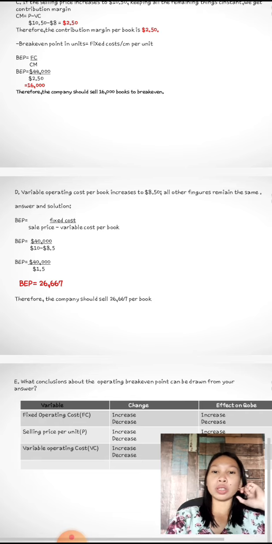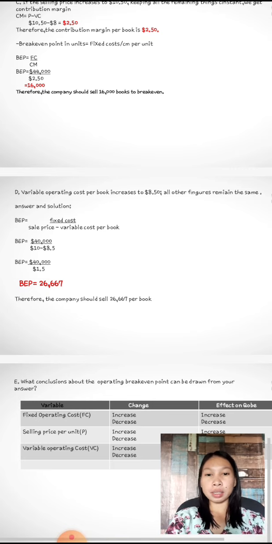Answer and solution. The formula is BEP = fixed cost / (sales price - variable cost per book). BEP is $40,000 divided by ($10 - $8.50), which is $40,000 divided by $1.50, so BEP is 26,667 books.